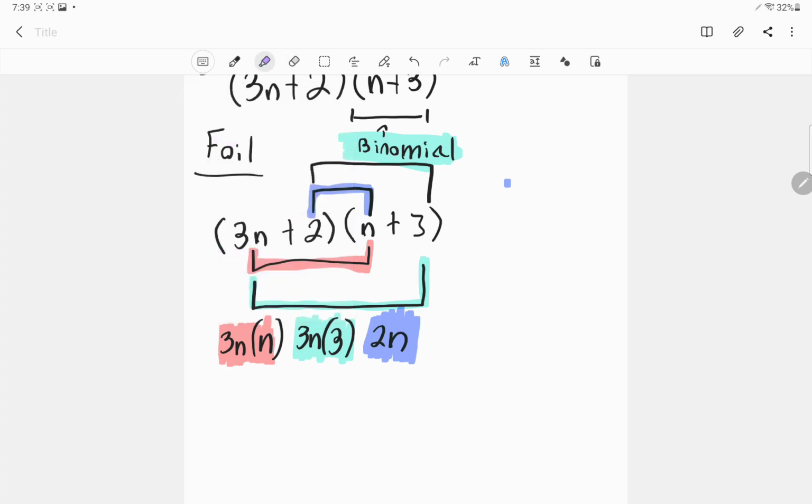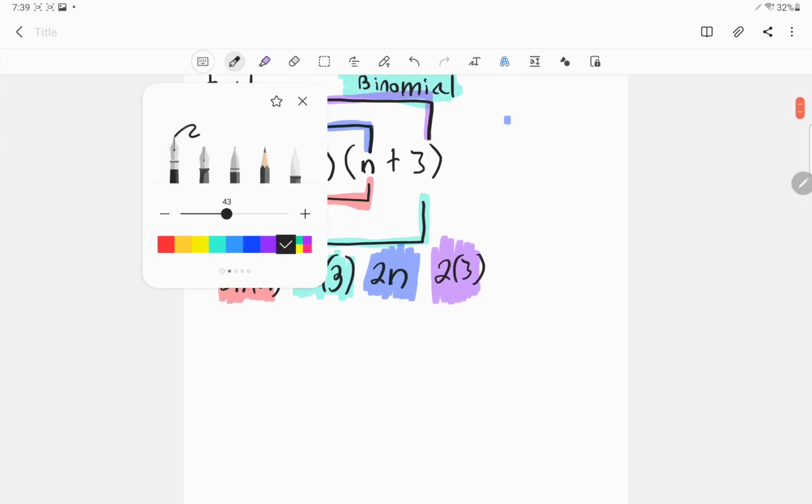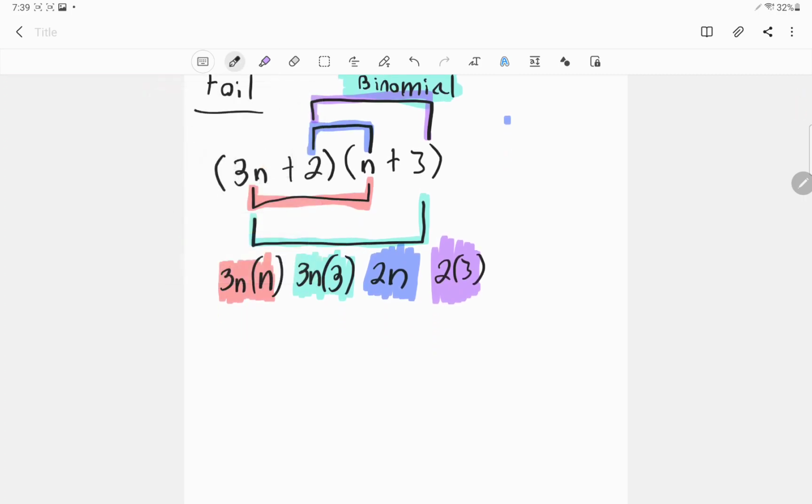I have purple now. Purple is going to go with right here. So my purple color is going to be my two numbers getting multiplied to each other. So 2 times 3. All right, once you have it all set up like this, all you have to do is multiply, and that's going to be your answer. Well, not necessarily. We're going to have to combine some like terms. But for the most part, that should be as hard as it gets.